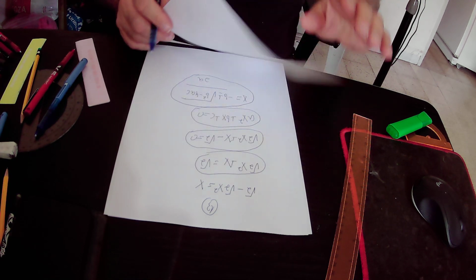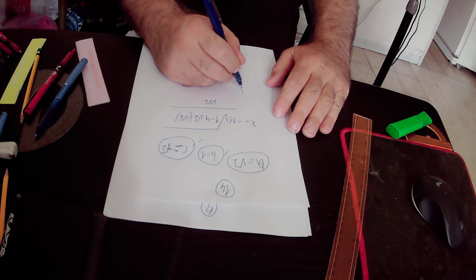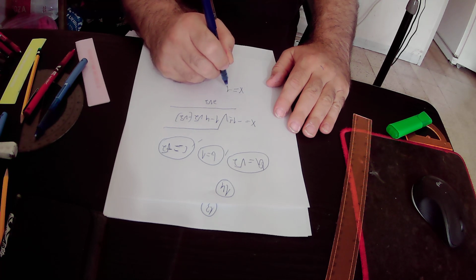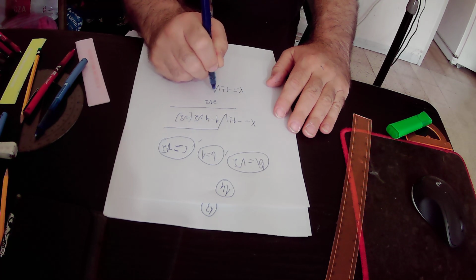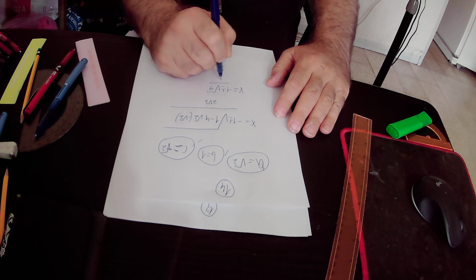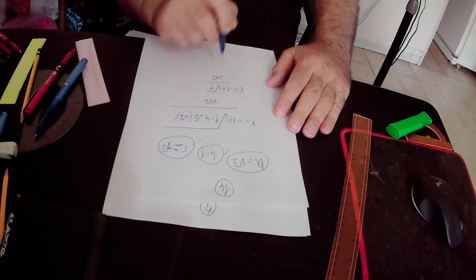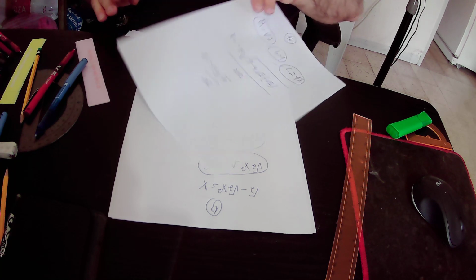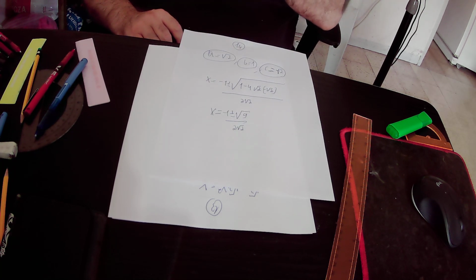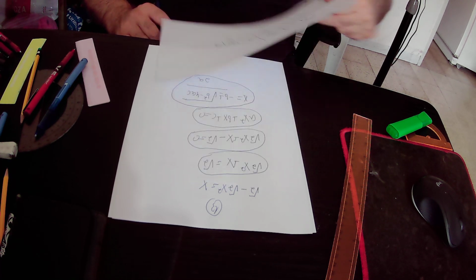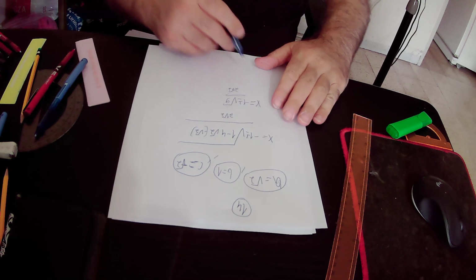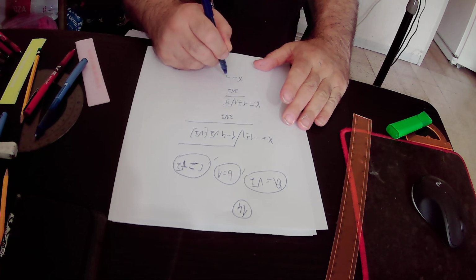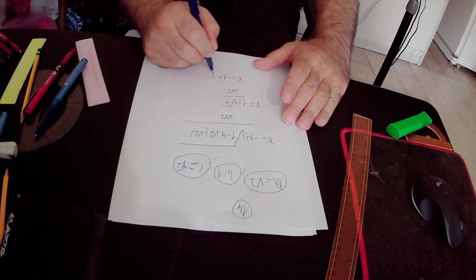So in the root we have only 9. So x equals minus 1 plus minus root 9 over 2 times root 2. The root of 9 is 3, so I will write it down: x equals minus 1 plus minus 3 over 2 times root 2.